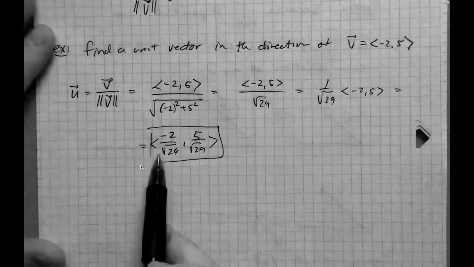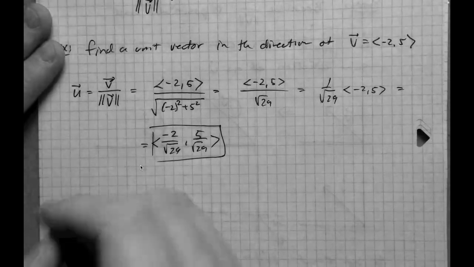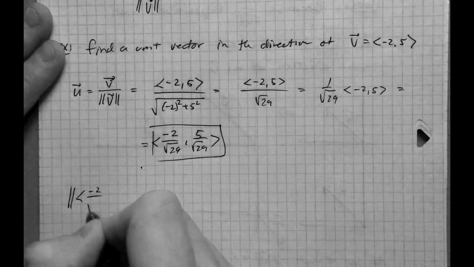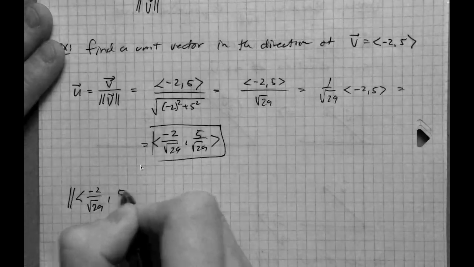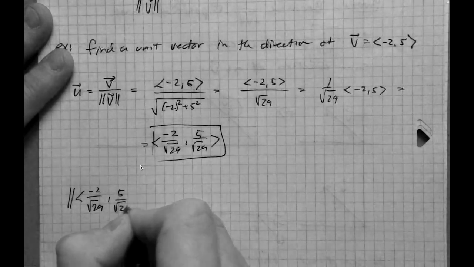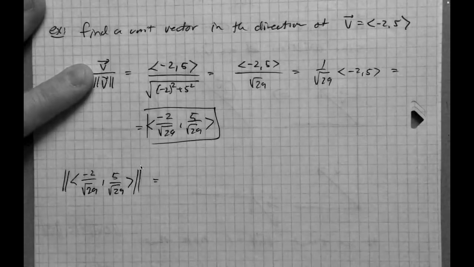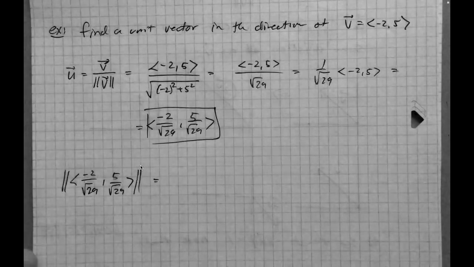Now let's confirm that this has unit length. How would we do that? Well, we could take the norm of it. The norm of -2 over the square root of 29 and 5 over the square root of 29. We just have to square the components, add them together, and take the square root of the sum.